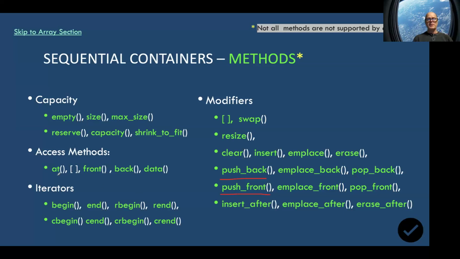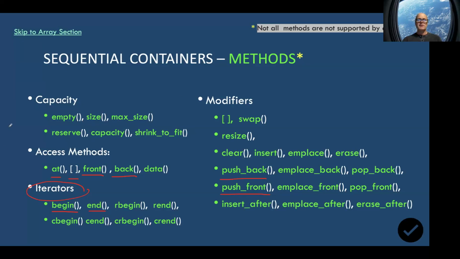And we know about the at and the square brackets, and we've sort of learned about begin and end for iterators. We just introduced that last time. But I might not have known that I can get a copy of the front of a container or a copy of the back of the container. So that size minus one thing that we've had to do for so long starts to go away, because it's like, hey, give me what's at the back, give me what's at the front, okay?